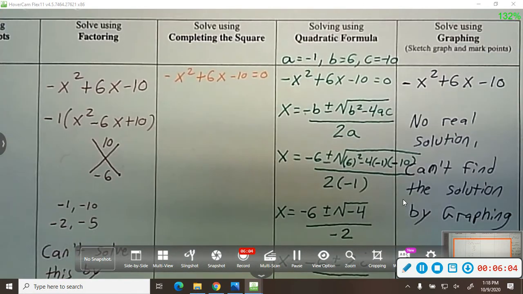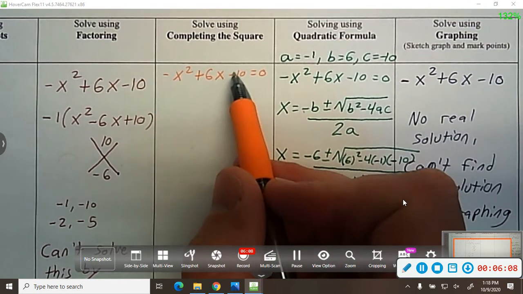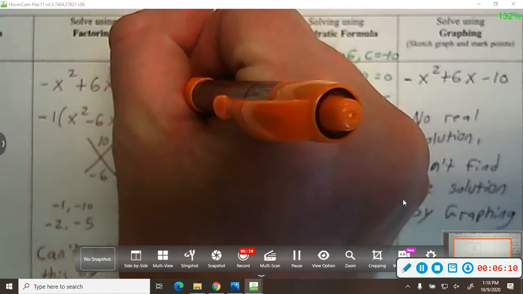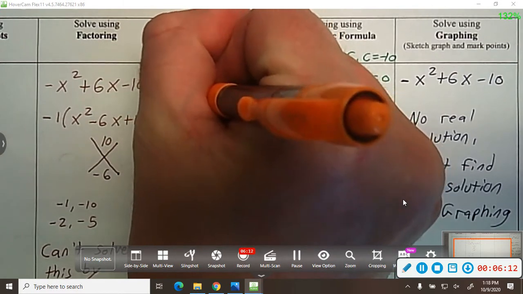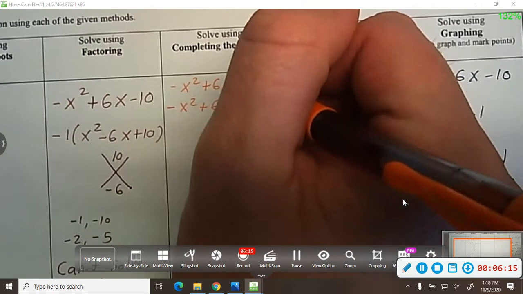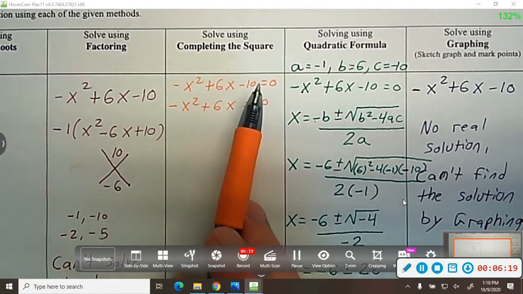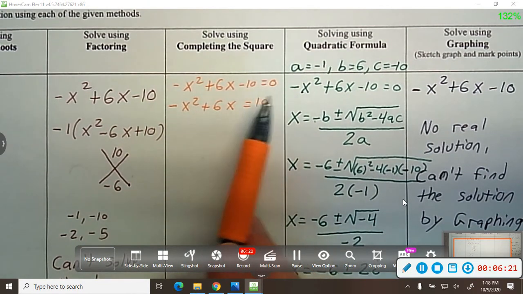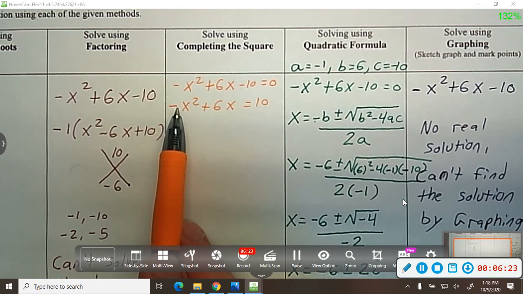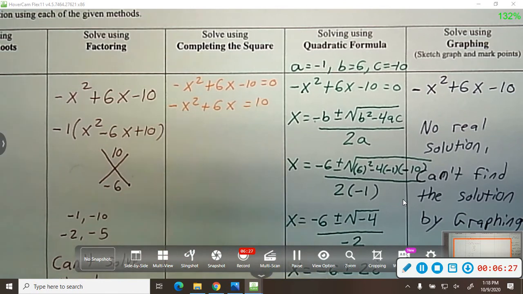So now I'm going to try completing the square. And when you're completing the square, you move the constant over. So I moved the negative 10 over, added 10 to both sides. And then if there's an a term, you factor it out. So technically there is, it's negative 1. So I factor it out.